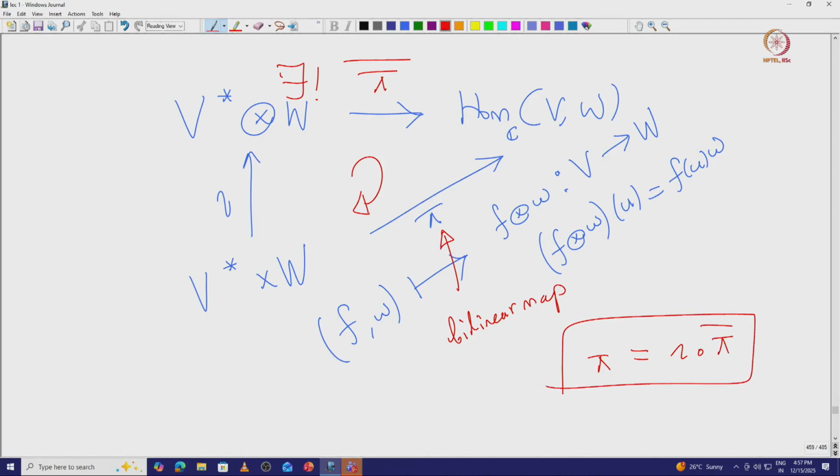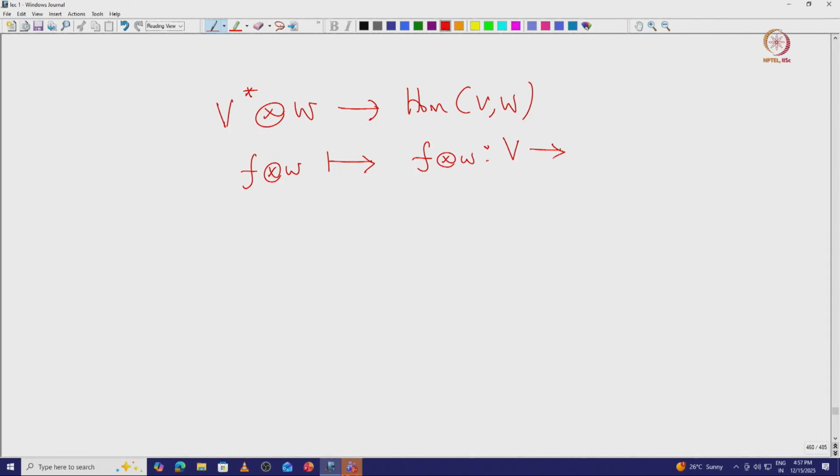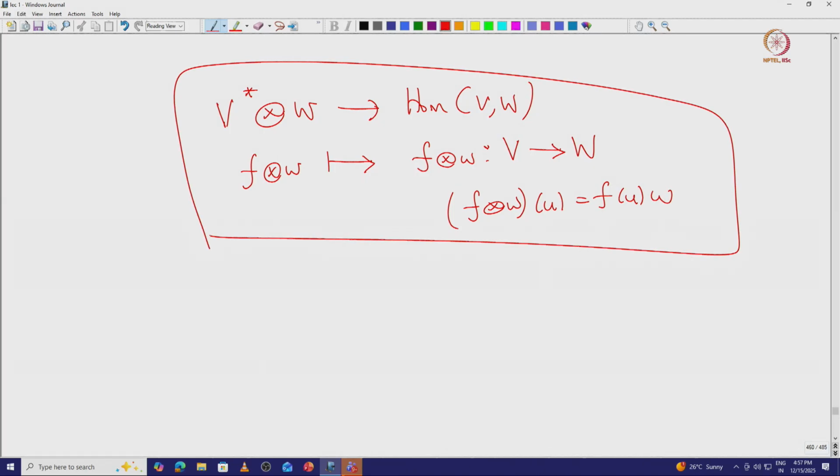So, in simplest terms, we have this map from V star tensor W to the Hom space Hom(V, W), which sends the simple tensor f tensor w to the map f tensor w from V to W given by (f tensor w)(u) equal to f(u) times w. This is the map that we are talking about.